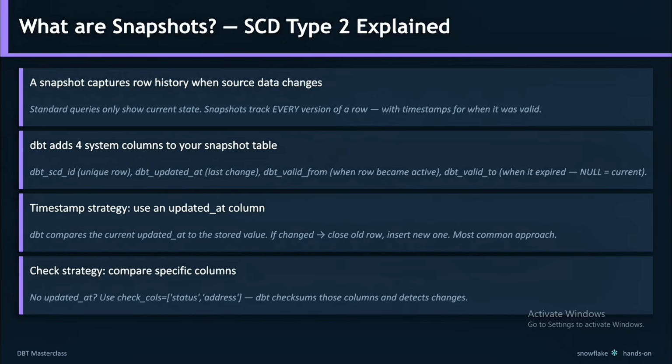SCD type 2 keeps both the old and new data. It allows you to track historical changes. This is where dbt snapshots shine, right? With snapshots, dbt makes it easy to implement type 2 SCDs, automatically capturing changes and maintaining historical records. Let's deep dive into it, and I'll write one code for snapshot also. Let's see in the next video.